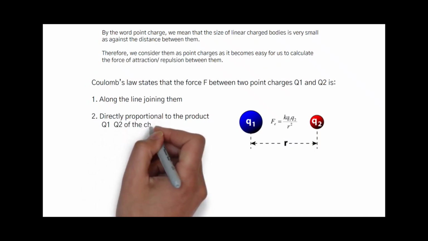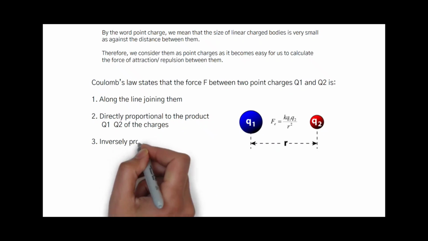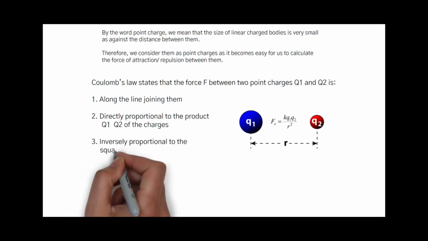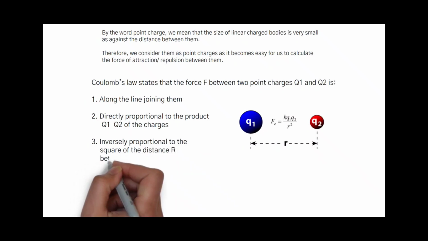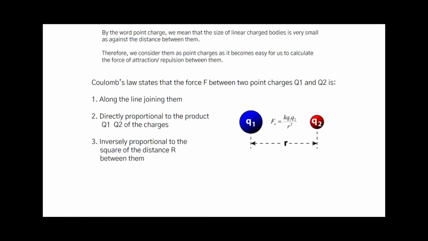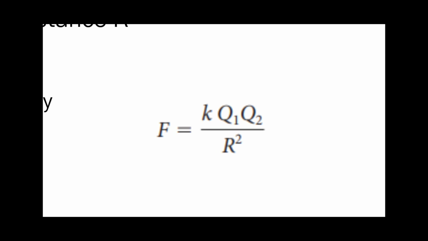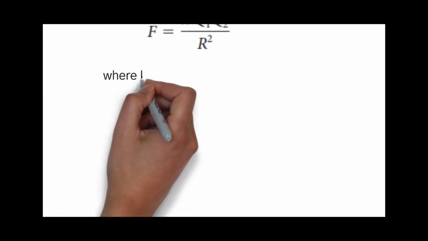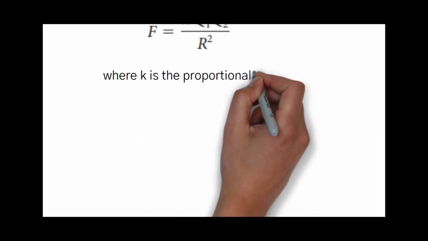If mathematically we remove this proportionality, there is a proportionality constant called k. That means mathematically we can express the force between the charges as F is equal to k q1 q2 divided by r square, where q1 and q2 are the charges and r is the distance between these two charges.